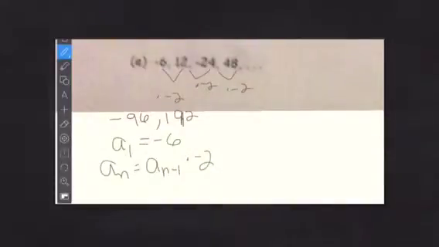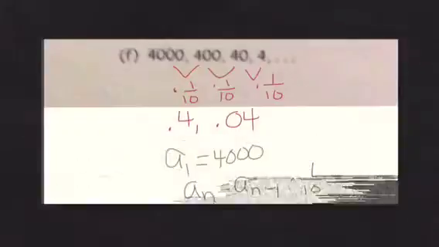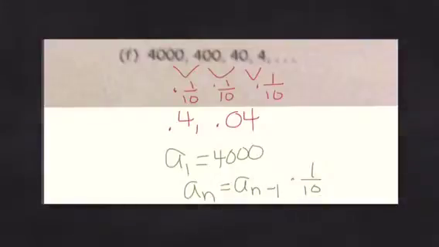Part E is a sub 1 equals -6, a sub n equals a sub n minus 1 times -2. Lastly, part F is a sub 1 equals 4000, and a sub n equals a sub n minus 1 times 1/10. If you need to go back and look at any of these again, make sure you do and that you have your notes correct.